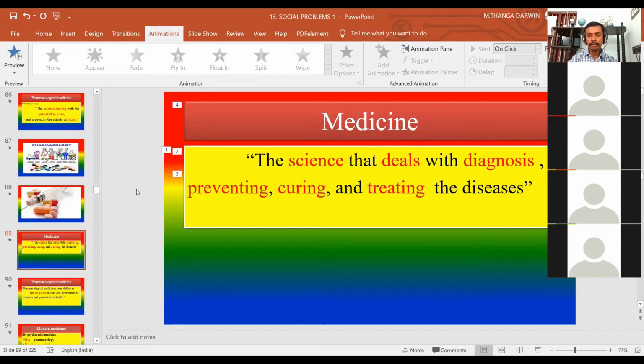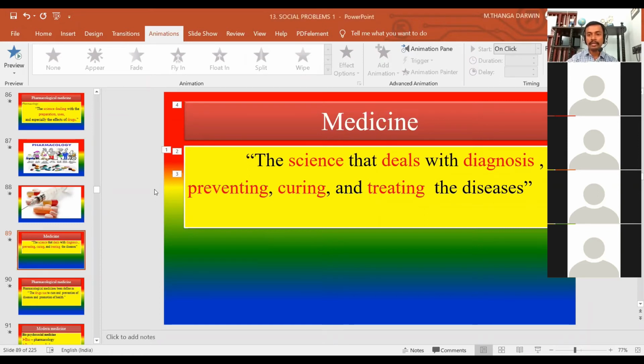Students, for most nursing professionals or healthcare professionals, medicine means only drugs. Drugs are pharmacological medicine. So medicine is a term concerning a science that deals with diagnosis, preventing, curing, treating. When you use pharmacology or drugs, it is called pharmacological medicine. When you use social factors, it is social medicine. Clear about it?